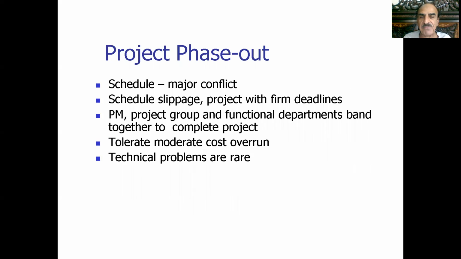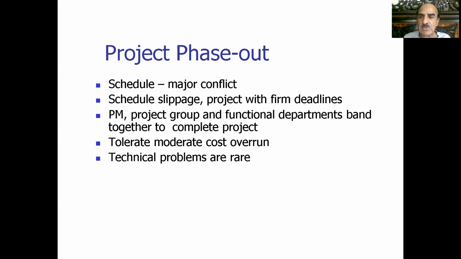So these are some of the issues which we normally face in the project build, main program, or execution stage. And when we go to the phase-out or closing stage, we again have the biggest conflict coming from the time of the project, our schedule. Then we have schedule slippages, the extension of the project becomes an issue, and deadlines are not fulfilled, and we again have the problems of functional versus project managers.